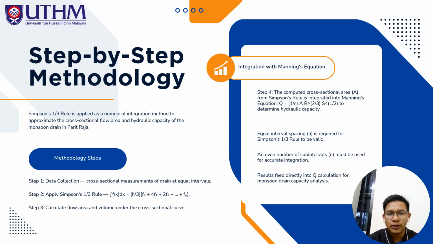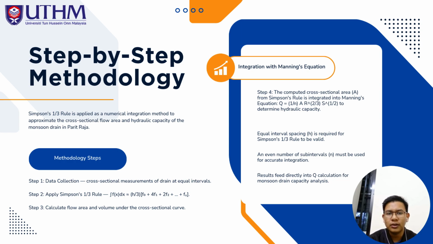First, we define the physical geometry. Because the drain is wider at the top, the water surface width changes continuously, and we model this with the function b equals 2 plus 2y. Second, we perform the domain discretization. We divide the 1.2 meter drain depth into four equal intervals, giving us a step size of 0.3 meters.